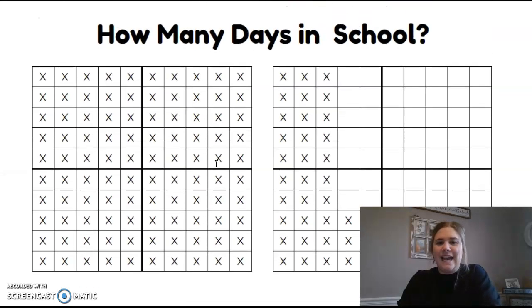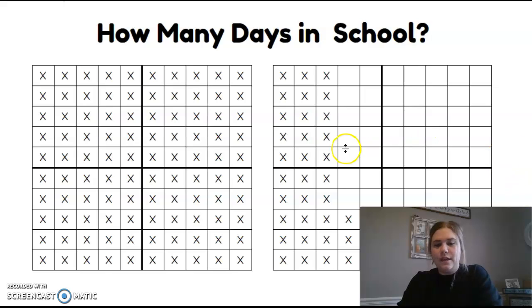All right, let's add a day in school for today. Let's see how many we get. Let's count by tens today. Ready? Count with me. 10, 20, 30, 40, 50, 60, 70, 80, 90, 100, 110, 120, 130. Now we can't count by tens anymore.